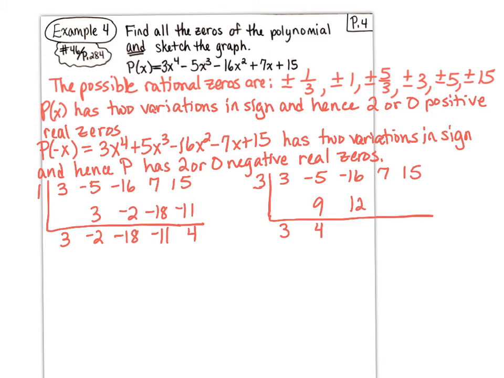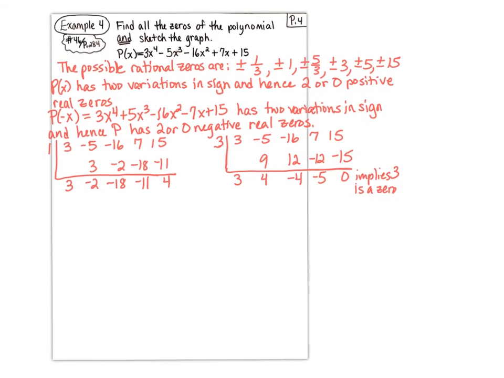Add, you get negative 4. Multiply, you get negative 12. Add, you get negative 5. And then multiply, you get negative 15. And add, you get 0. It works. Good. So this means 3 is a 0. Good. So we found 1.